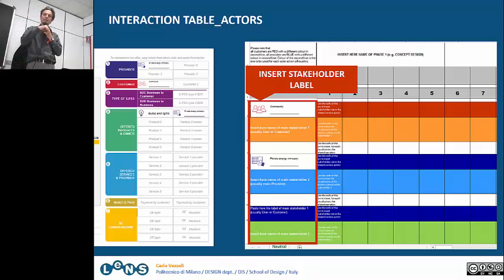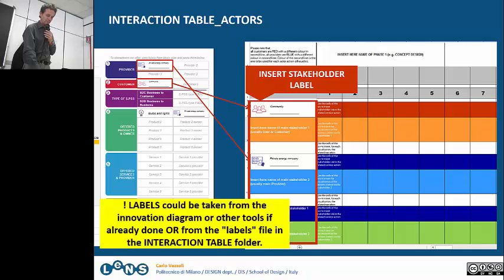So it can be used even independently, or even without having used that. And you may discover that there is a need for a new stakeholder, so you can take the label and add them. So first you put the label actors there, you insert them, and as I told you, you can take that both from the innovation diagram and from the label file.